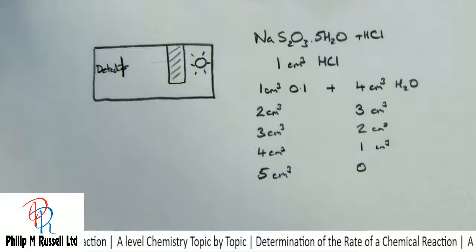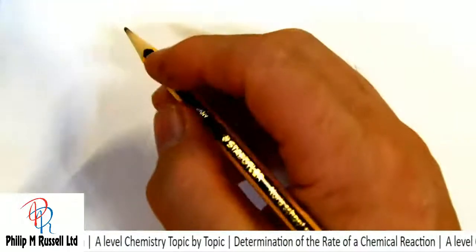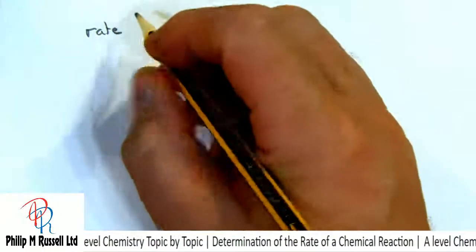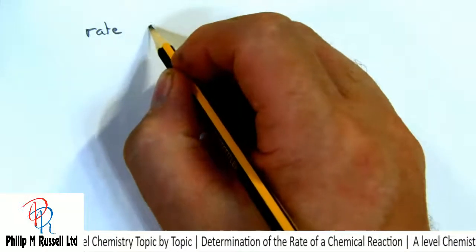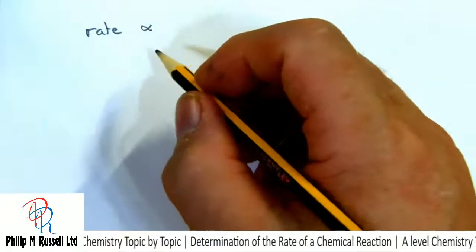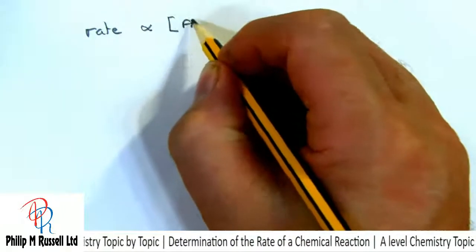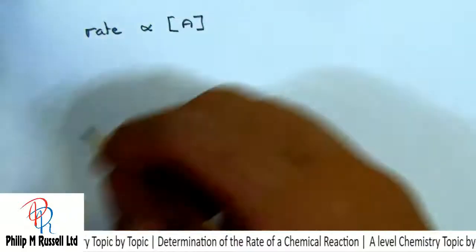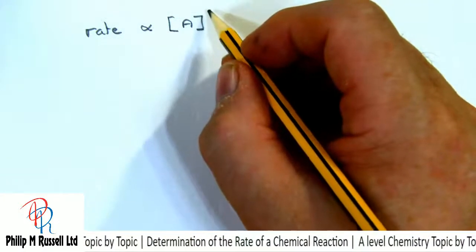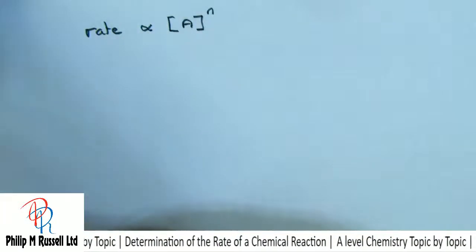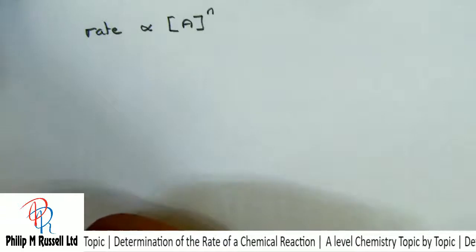So let's have a look at this. So we can say that a rate of reaction here is basically going to be proportional to the reactant, and it might be reactant A here, and it depends on how much I've got, and we can give that to the power n, how much we've got.